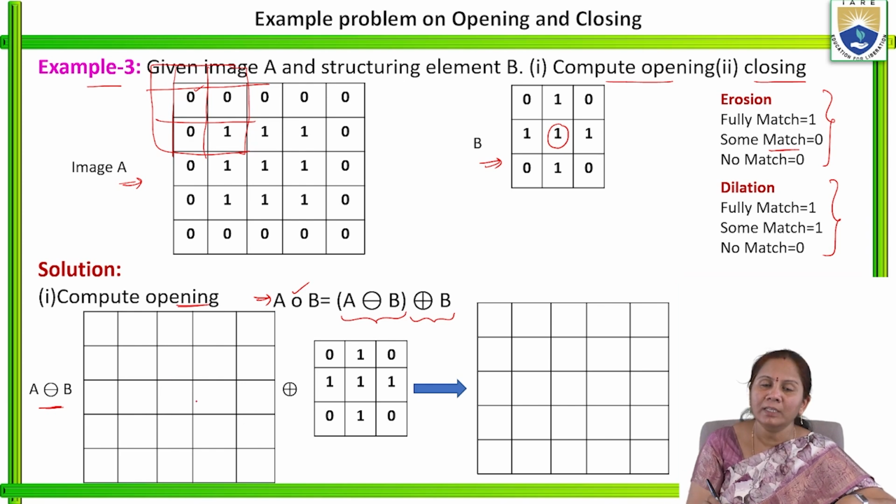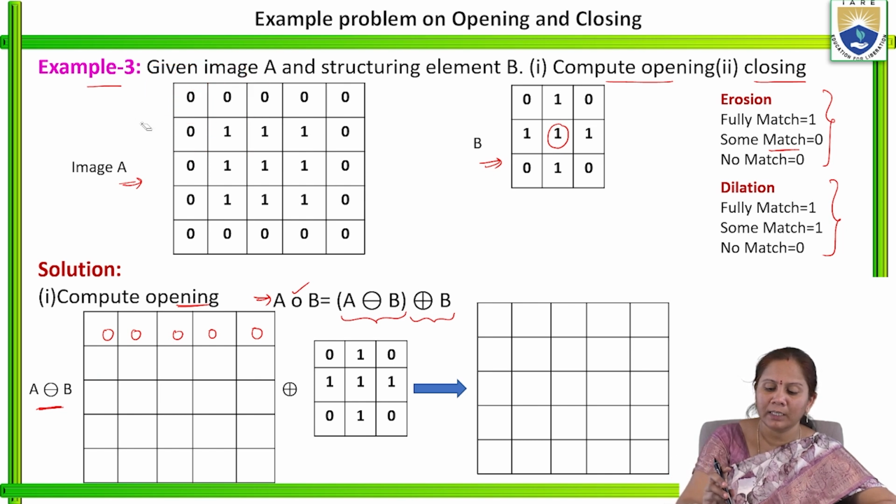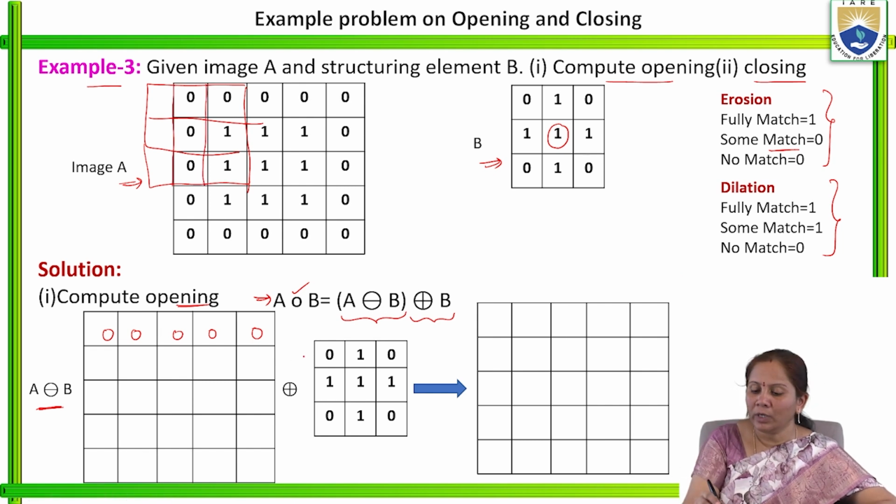Okay. So if we apply these conditions, now we will see how this erosion matrix looks like. So here A erosion B 0, 0, 0, 0, 0. And if we shift the matrix in order to find the next element, it will be looking like this. Okay, so compare with B whether it is some match, fully match, or no match.